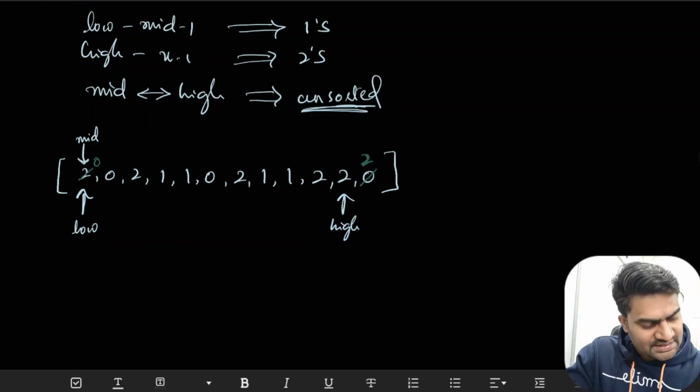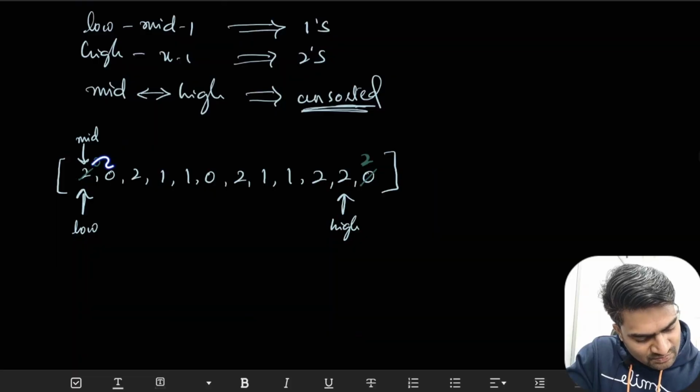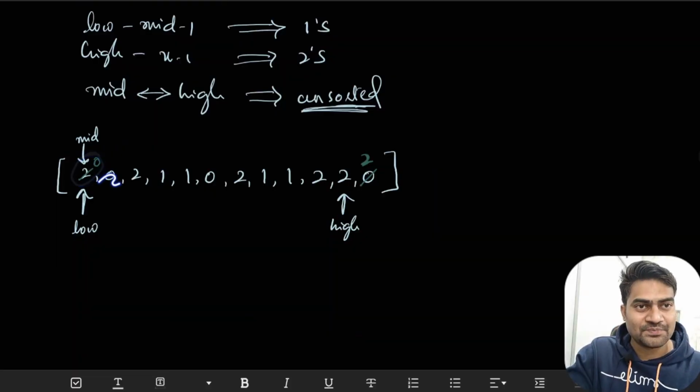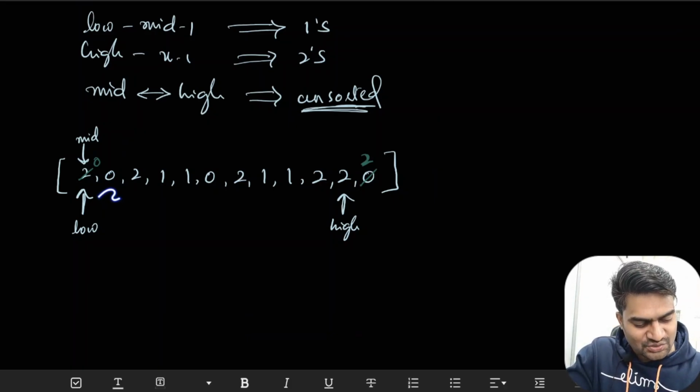Next, again I will try to process the numbers. Now at the mid I have 0. If I have 0, then it needs to move towards the left, correct, right? So I will simply swap the number at the low index and the mid index. But since they are the same, it is as good as getting swapped.